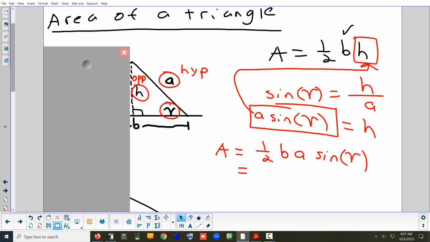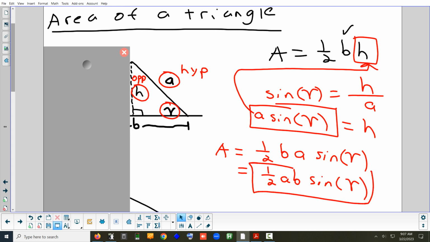And usually they put the letters in alphabetical order, because remember, when you multiply two things together, it doesn't matter what order you do it in. So whether you do B times A or A times B, it's fine. But alphabetical is usually the way they write it. So 1/2 AB sine gamma. That's a new formula for finding the area of a triangle. But it's really based on the one that we already know.